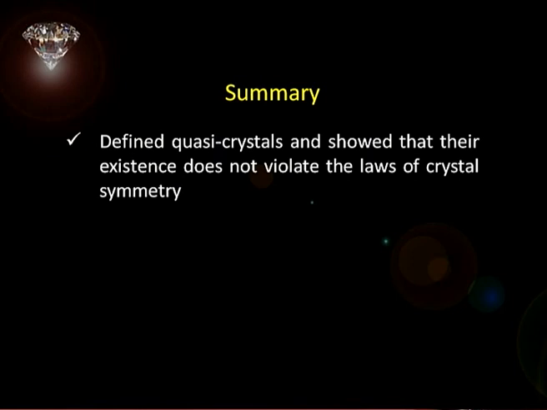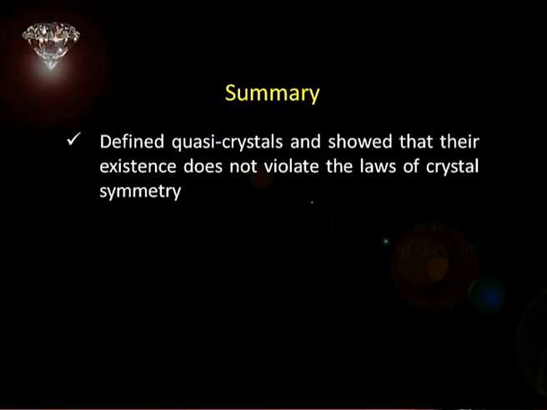Thereafter, we briefly touched upon quasicrystals, which have been recently discovered, and showed that their existence does not violate the laws of crystal symmetry, because in such cases we do not have a unique unit cell. There can be more than one motif contributing to the observed symmetries.